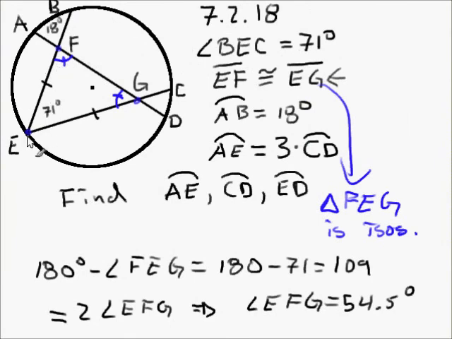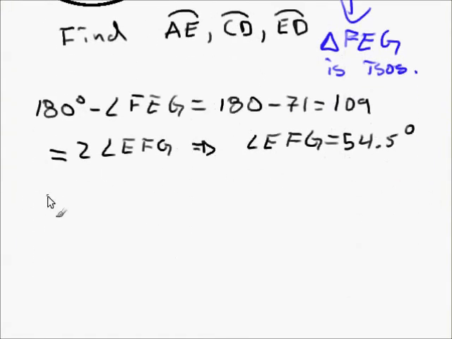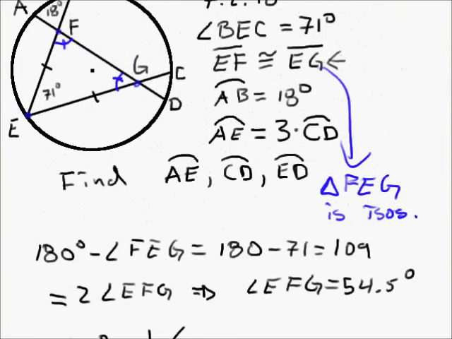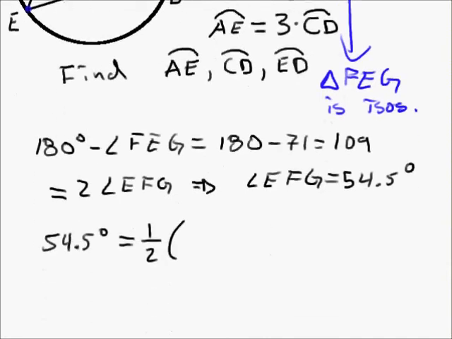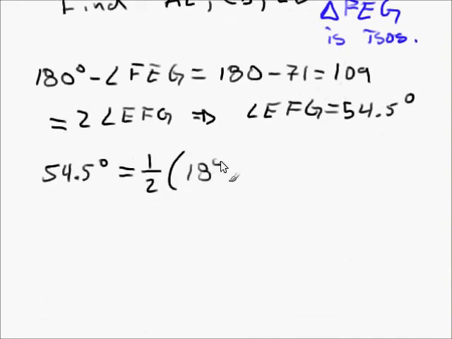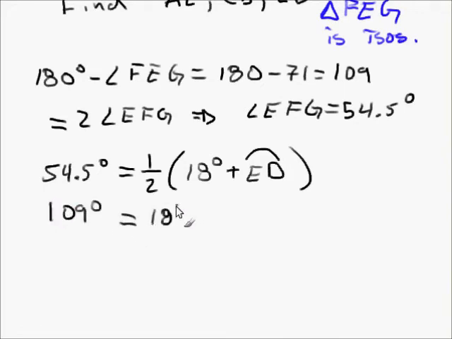Now, 54.5 degrees will be equal to 1/2 the sum of the arcs it intersects. That's AB, or 18 degrees, and arc ED, which we're interested in. Multiply by 2. 109 degrees is equal to 18 degrees plus ED.